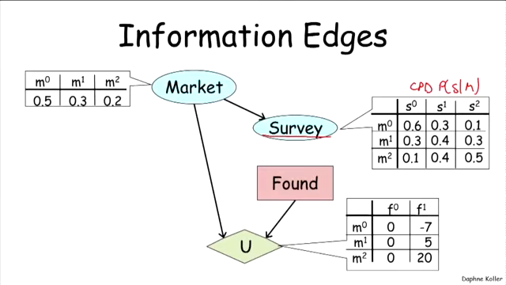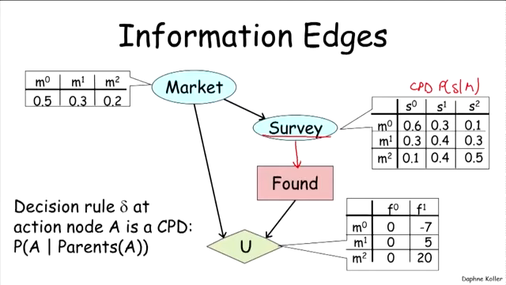Now, the point is that having conducted the survey, the agent can base his decision on the value of the survey. And we denote that with the presence of an edge such as this, which indicates that the entrepreneur can make different decisions depending on how the value of the survey turns out.